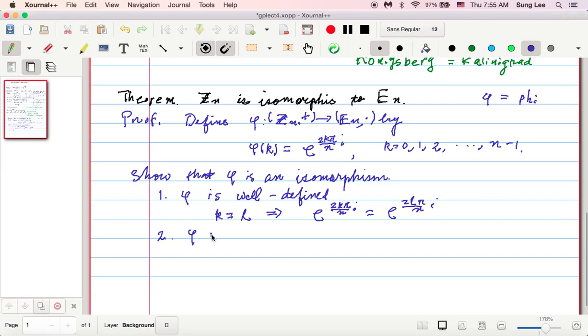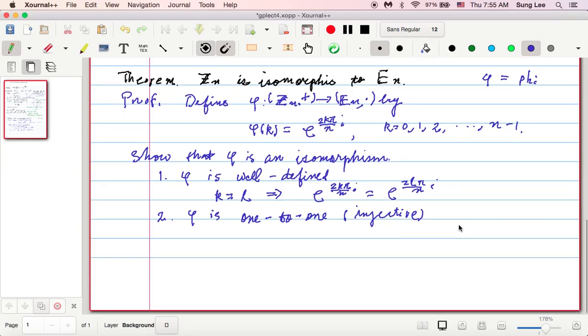Second, phi is one-to-one. We have to show that it is one-to-one, in other words, it is injective. So what does that mean?